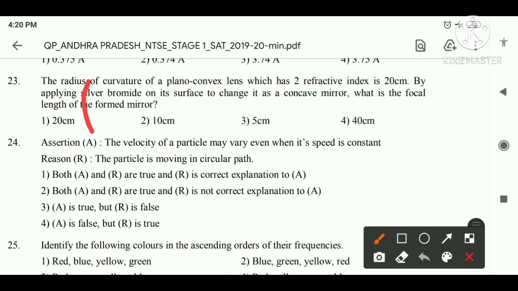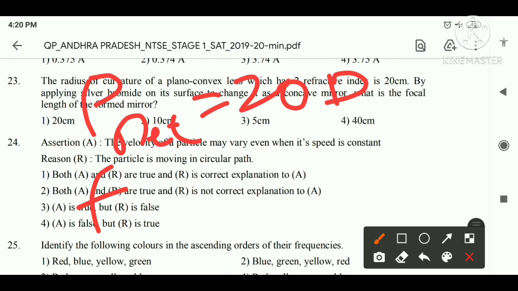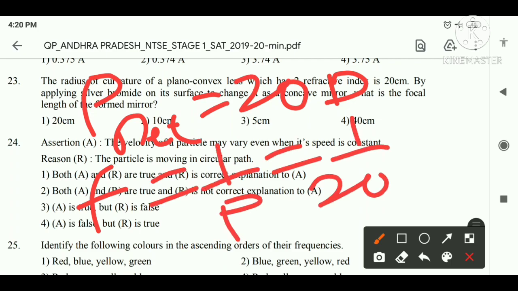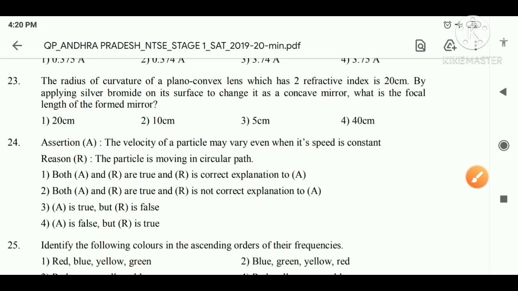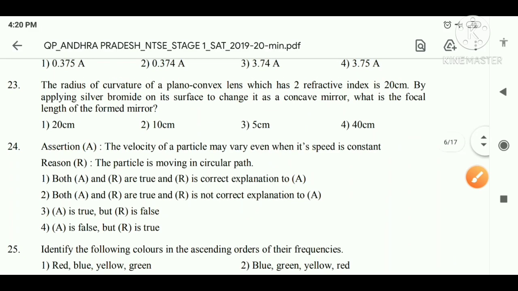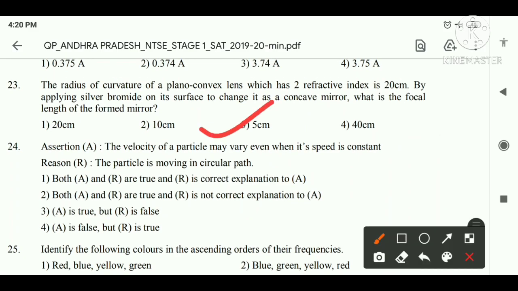Now put the value of P net: 1 by f is equal to P, 20 diopter, so f becomes 5 centimeter. So the third option is the right answer.